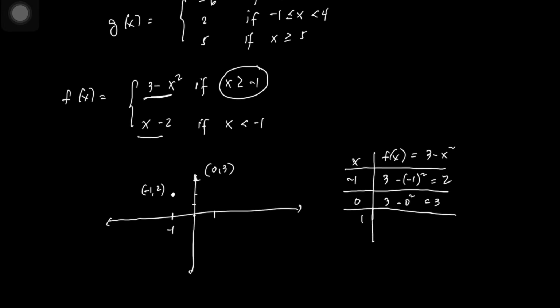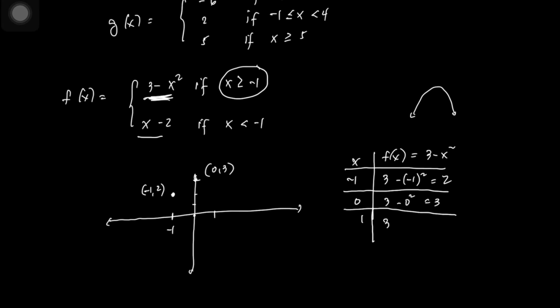you know guys, the a here is negative, and we know if a is less than 0, the graph of the parabola is opening downward. So obviously this is opening downward, but we have a restriction for x greater than or equal to -1 only.